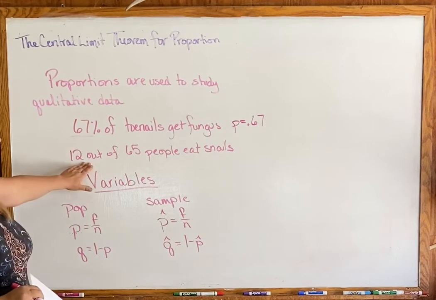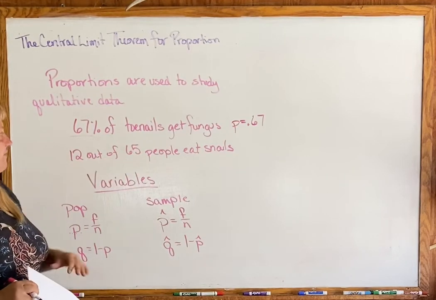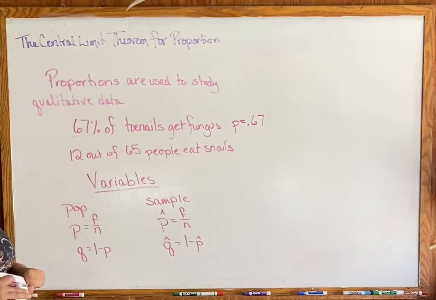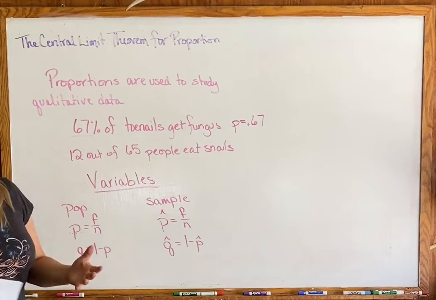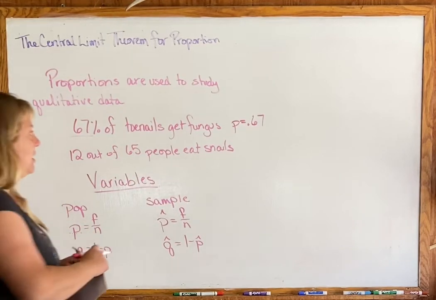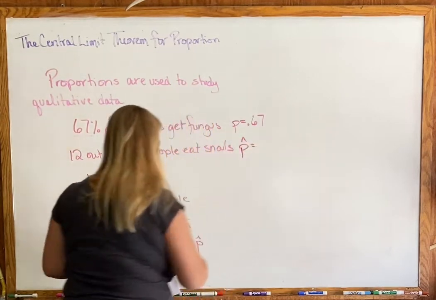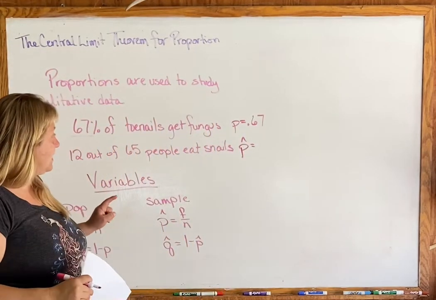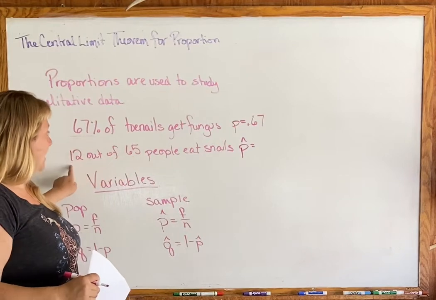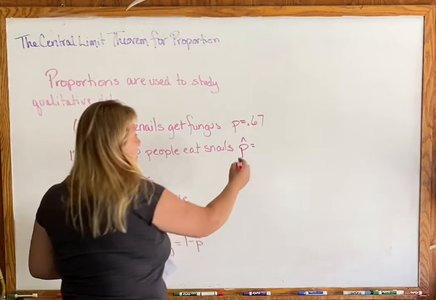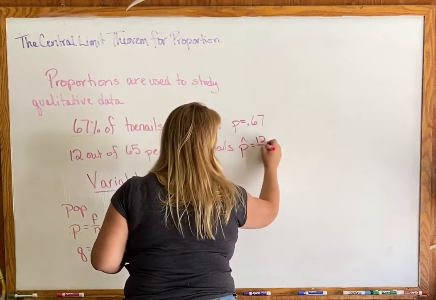Now in this one, it says 12 out of 65 people eat snails. Are there more than 65 people in general? Yes. So we're going to say p hat, because it's a sample. But this time, we have to actually create it ourselves. So we need to do the little division problem, 12 out of 65.